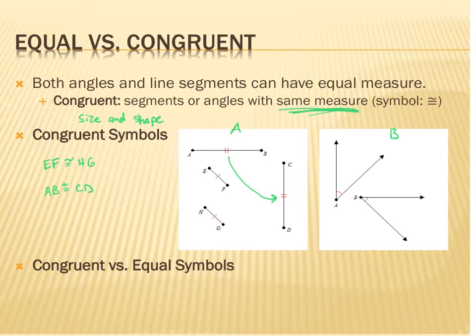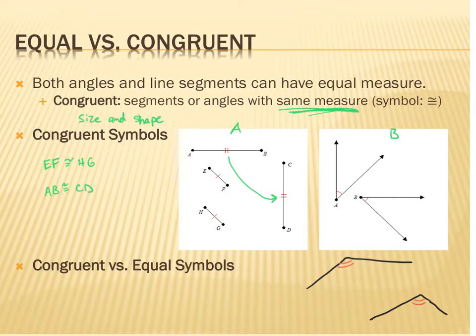The same thing goes for picture B. Angles have the exact same rules, except instead of tick marks, we have these little curves. If I were to have 2 other angles, this angle and this angle, and I wanted to say those 2 are congruent and they're in the same picture as picture B, I would put 2 little tick marks.